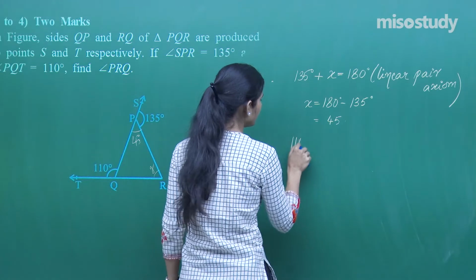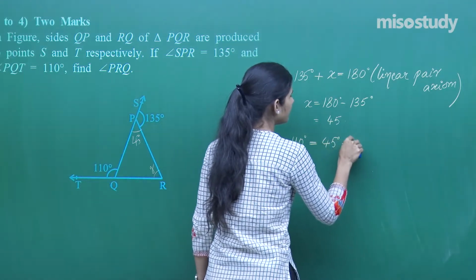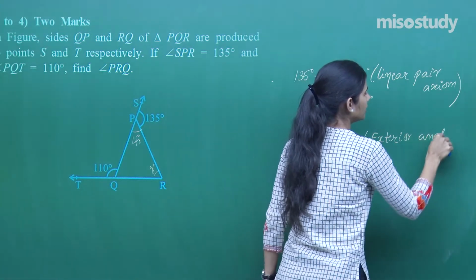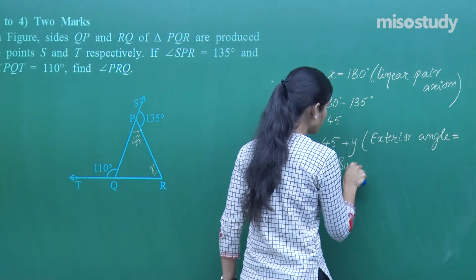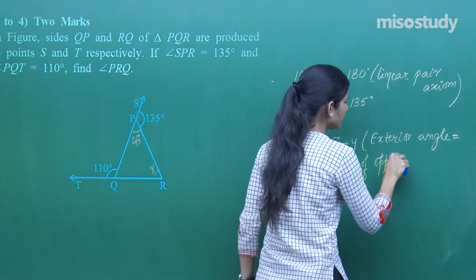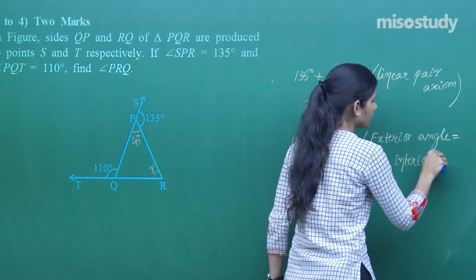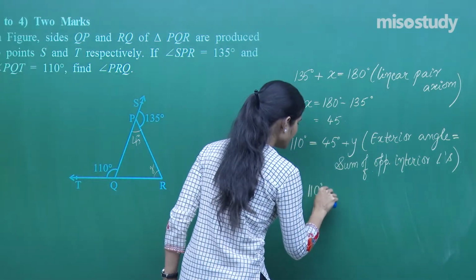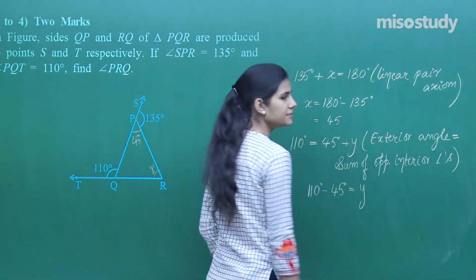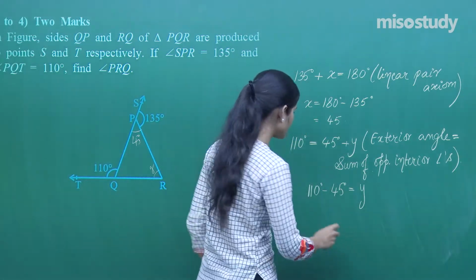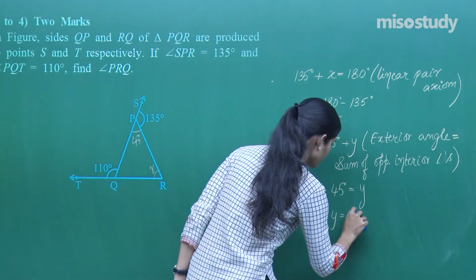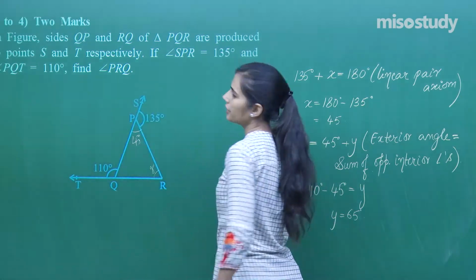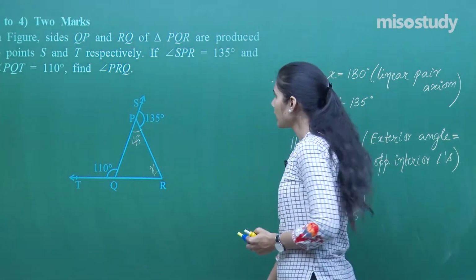So I will have 110 degrees is equal to 45 degrees plus Y. So 110 minus 45 will be Y, which is going to give you 65. 65 is the measure of angle PRQ. Let's look at the next question.